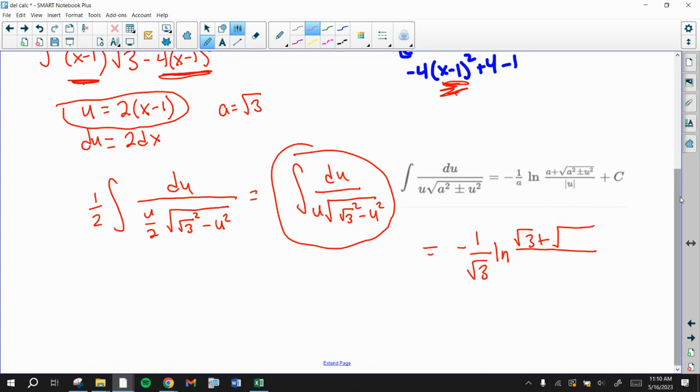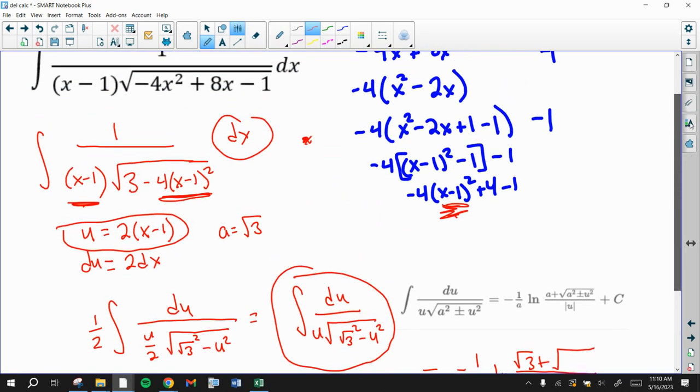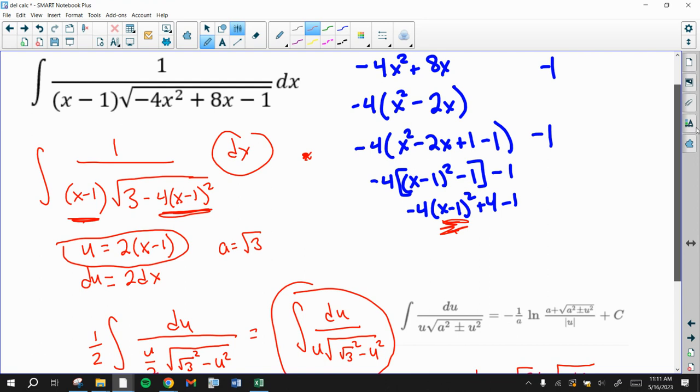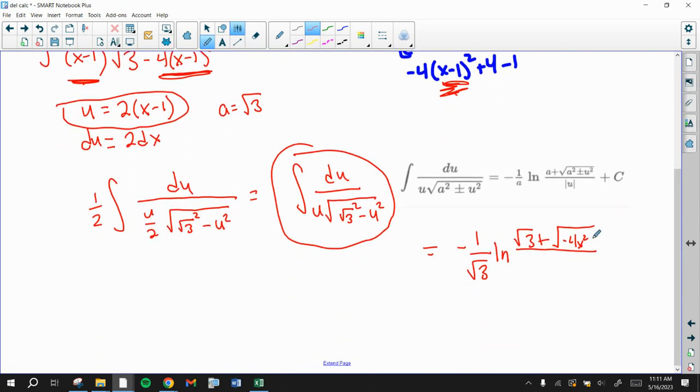I'm going to change it to negative 4x squared because that's what we started with. Negative 4x squared plus 8x minus 1. And then that's all over the absolute value of u, which was the absolute value of 2 times x minus 1, plus c. And that's it.